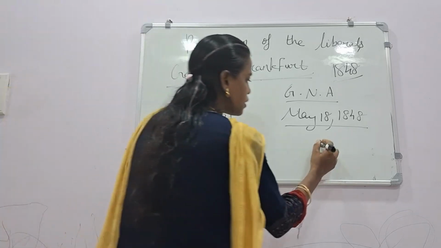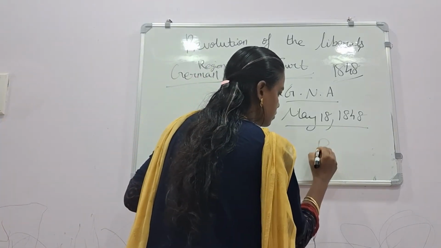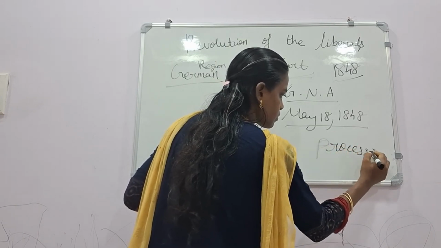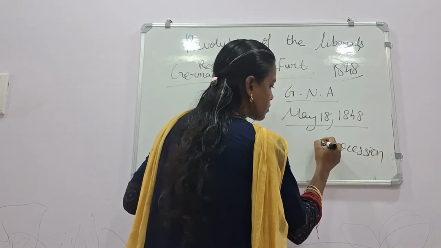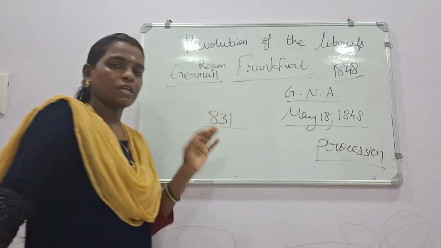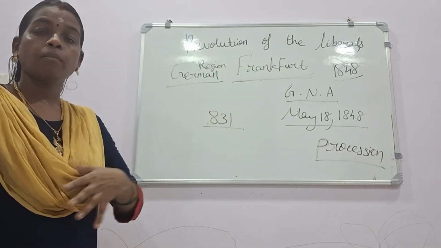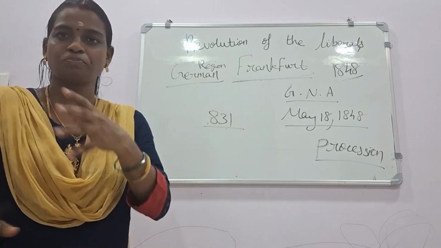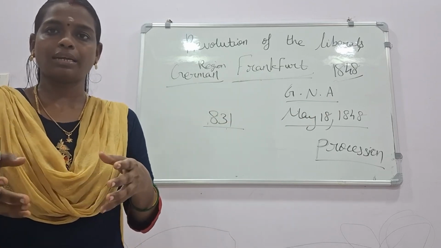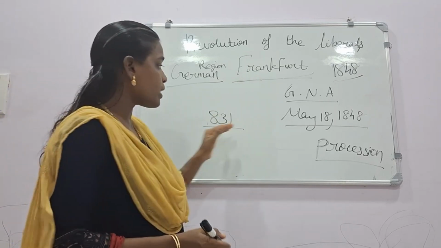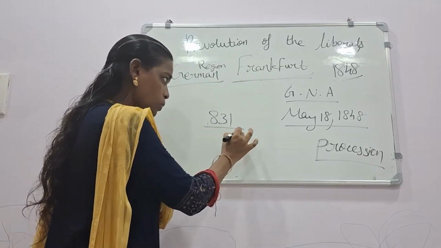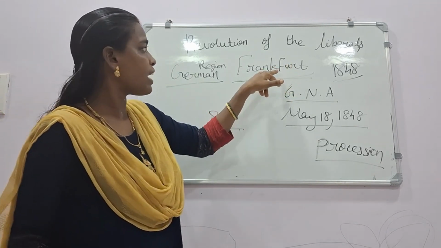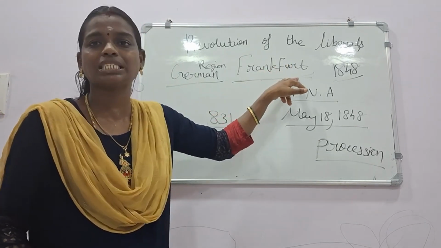Procession means many people joined together and led a march. So all 831 representatives led a march towards the Frankfurt Parliament.